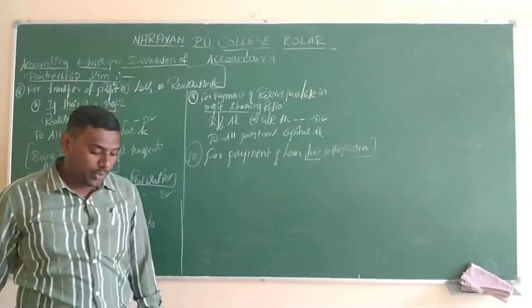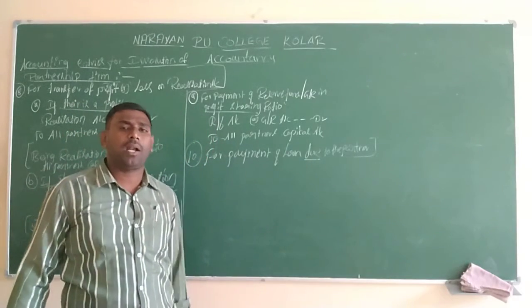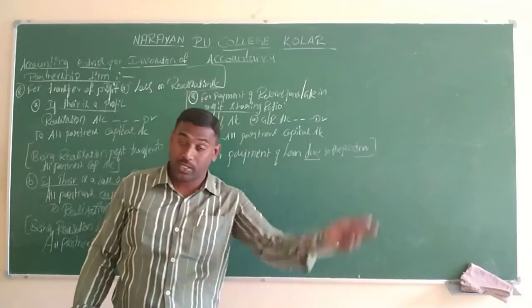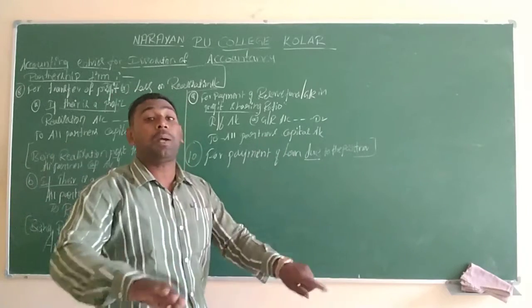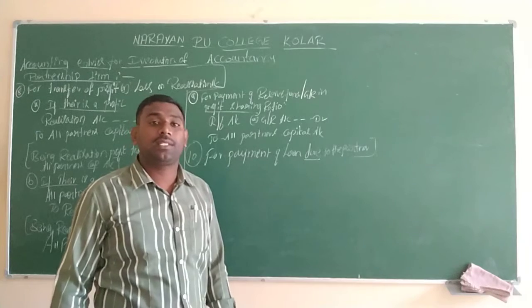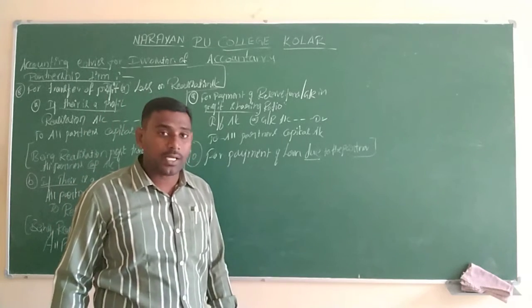Suppose in the balance sheet some partner has given a loan. An outsider's loan will be considered a liability, but a loan given by the partner itself will not be considered a liability. That is a payment we have to consider at the time of winding up of the company.